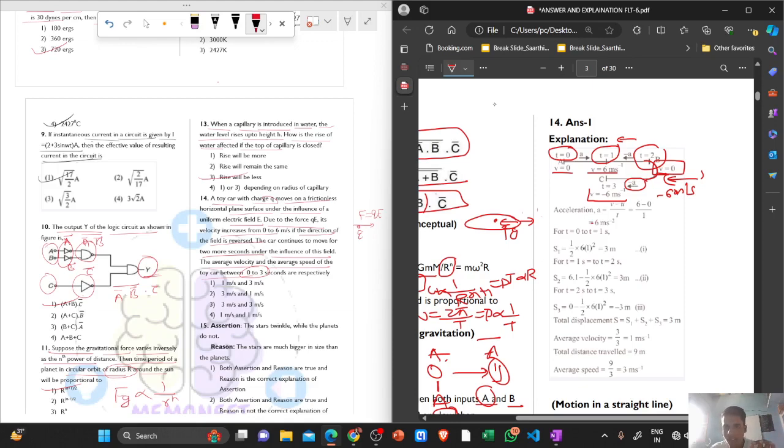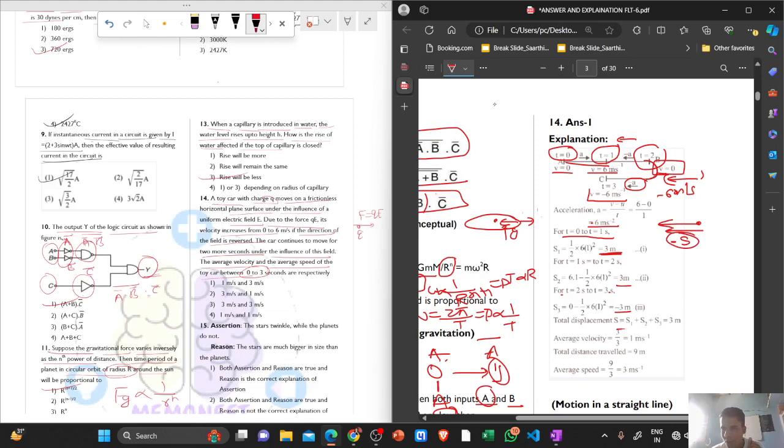You can calculate the acceleration, which will come out to be 6 meters per second squared. From 0 to 1 second, it is accelerating, so it covers a distance of 3 meters. From t equals 1 to 2, it covers a distance of again 3 meters. From 2 to 3, minus 3. As you can see, it is reversing its path, so the displacement, also a vector quantity, comes with a minus sign.